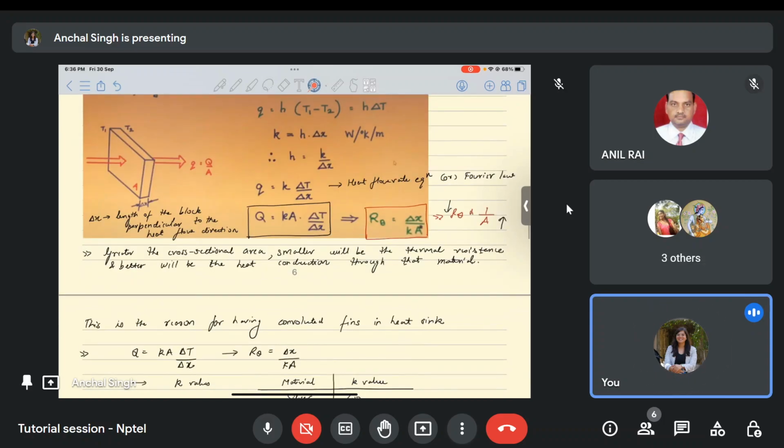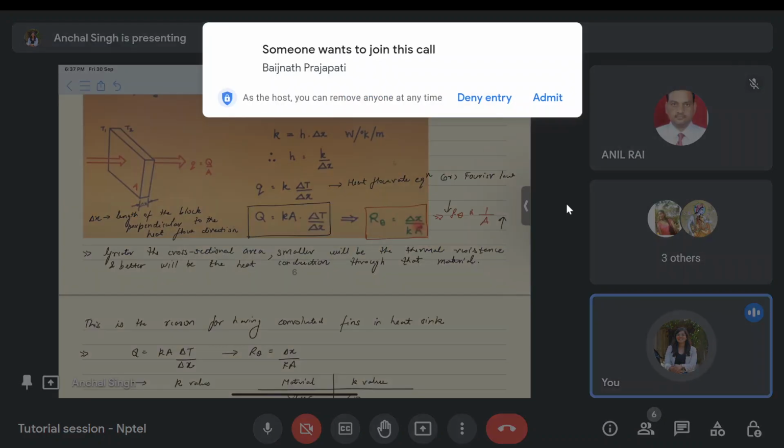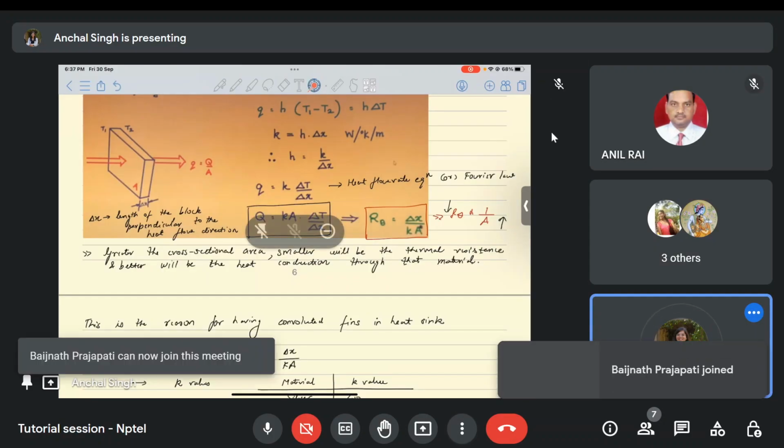From this equation, and since we know that Q equals delta T by R theta, we can say that thermal resistance equals delta X by K A. So when we are designing any kind of thermal system, based on this relation, when we increase this orthogonal area, the thermal resistance will reduce, and vice versa. All these parameters can be controlled in order to effectively obtain the thermal resistance value.